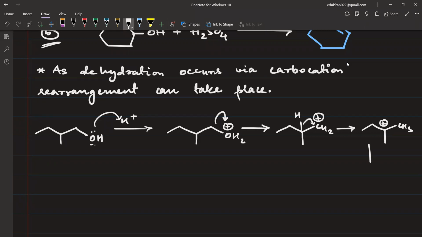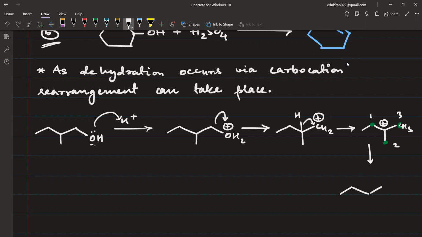Now further, what will happen? Further, you can see that we have got carbocation there. Now I can either make a bond here, here, or with this carbon atom. So I think you can very easily see that if I write 1, 2, and 3, then the bond between the 1 and carbocation, it will be more substituted.